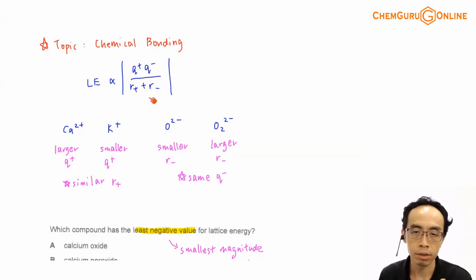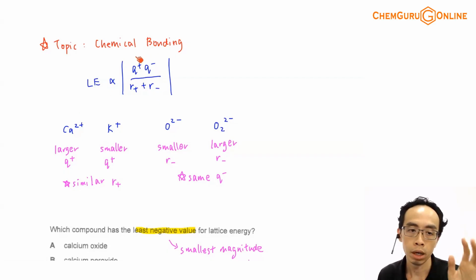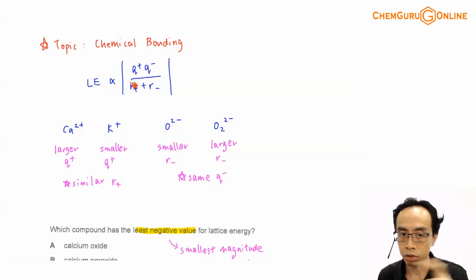The denominator is just the distance between the cation and the anion. Some schools might use different symbols, but the expression is still the same. So lattice energy is proportional to the product of the charges of the cation and anion divided by the distance between them.